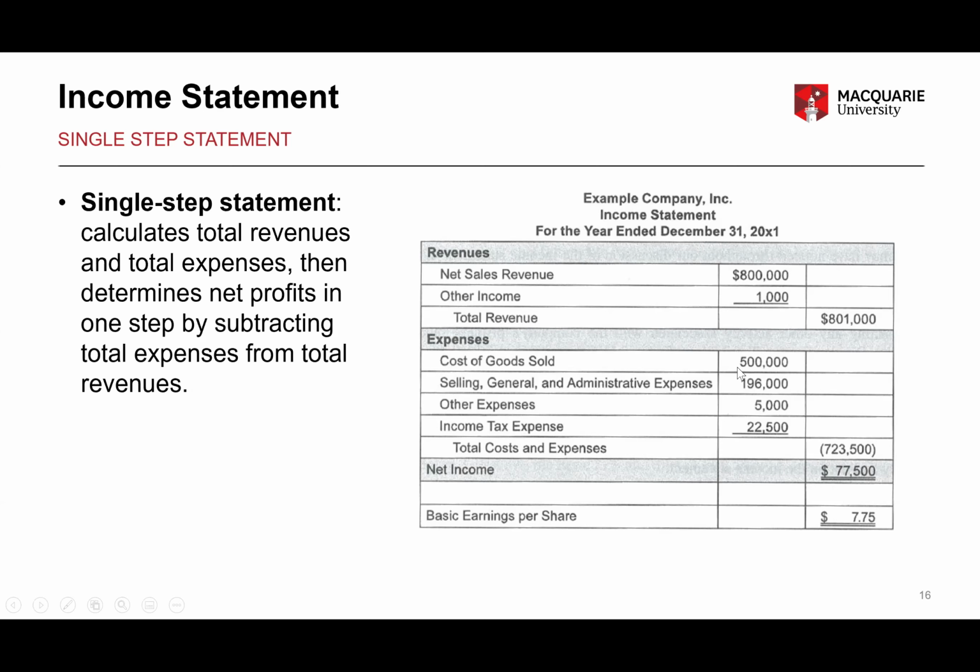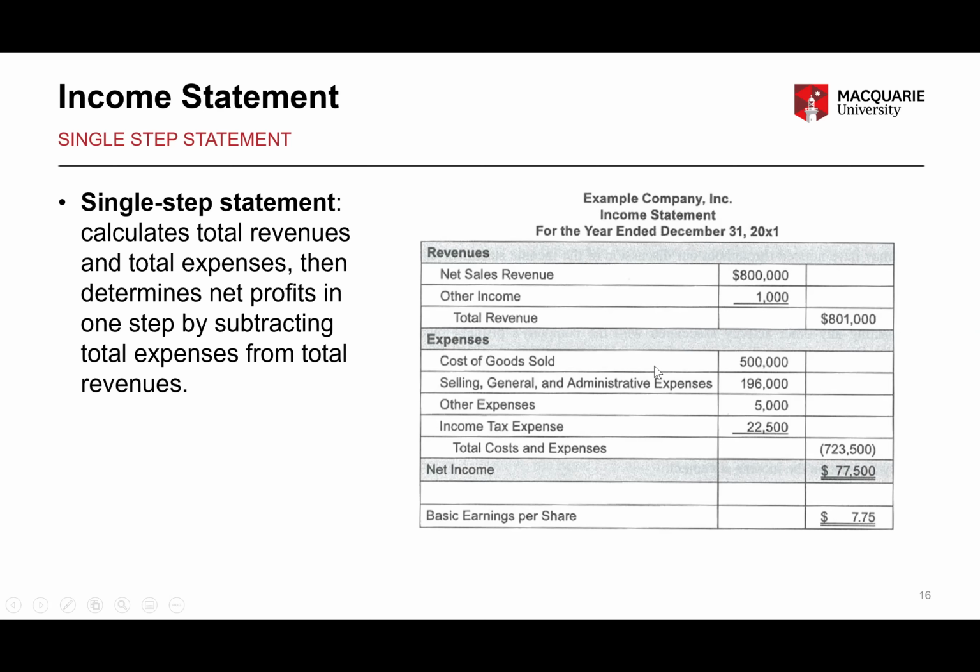Now, if this is a retailer, so a business that sells goods to their customers, then they're going to have this really important expense here called cost of goods sold. As the name suggests, this is the cost of the inventory that we have sold to our customers. So we bought it for $500,000 and we sold it for $800,000.